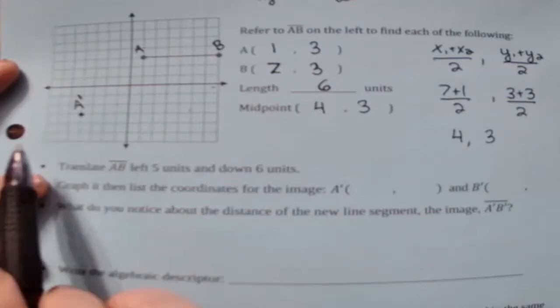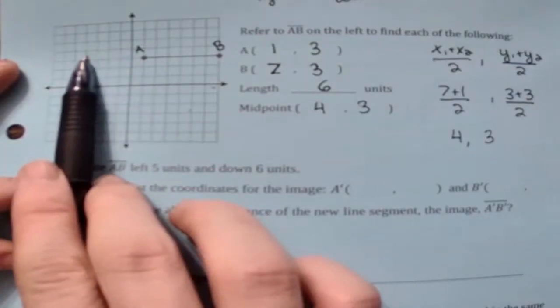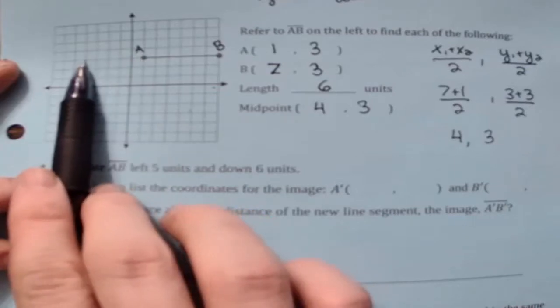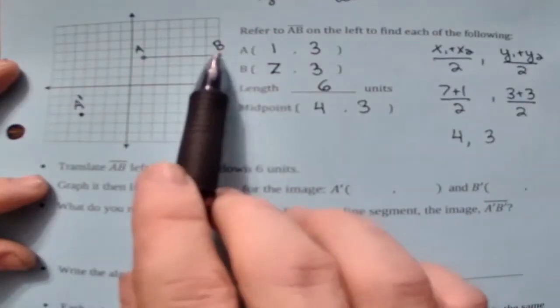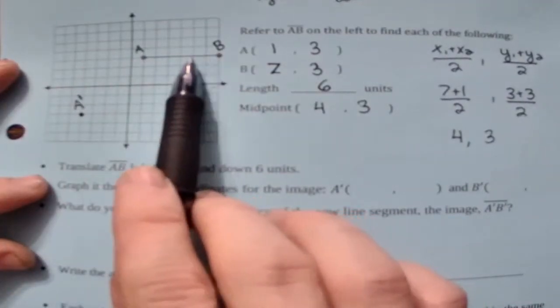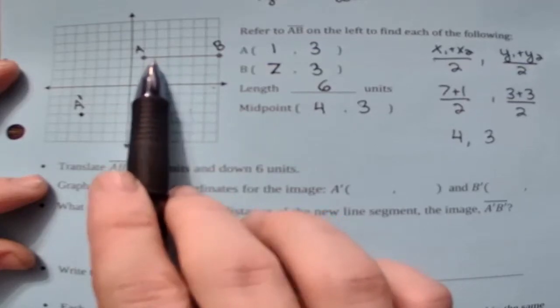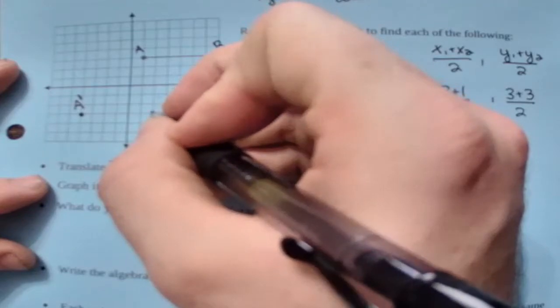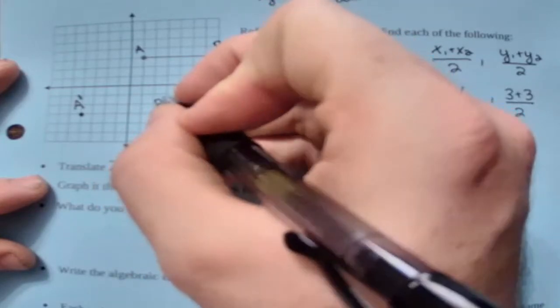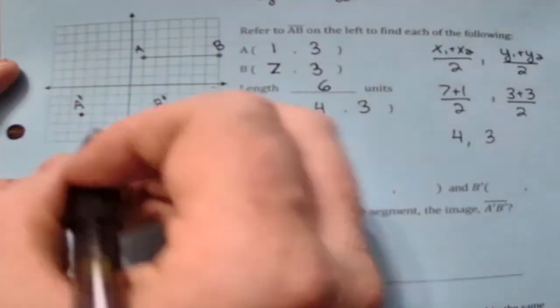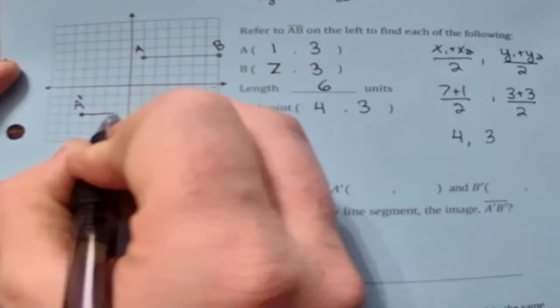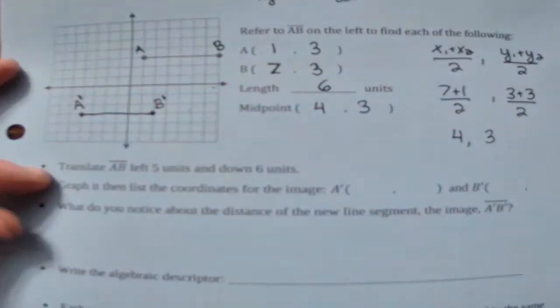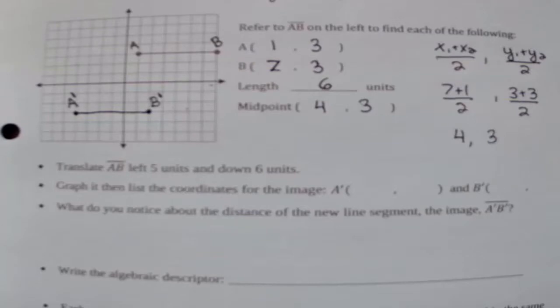So this one is A prime now because we found our new point, which went to the left 5, down 6. Now B, we do the same thing, 1, 2, 3, 4, 5, then down 6, which would make it right here. And then we can connect the dots. And we created the new line segment A prime to B prime.